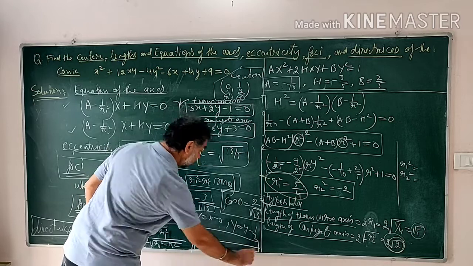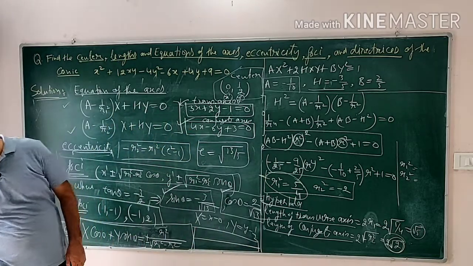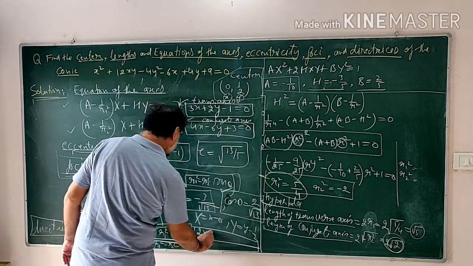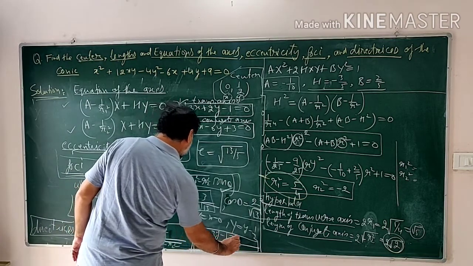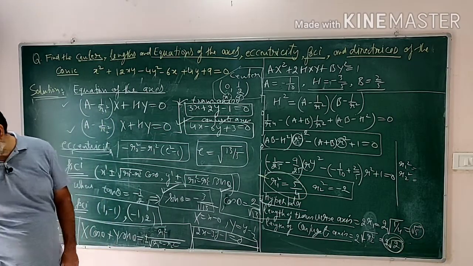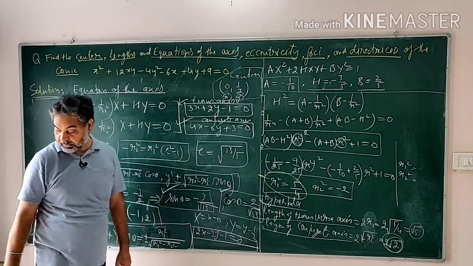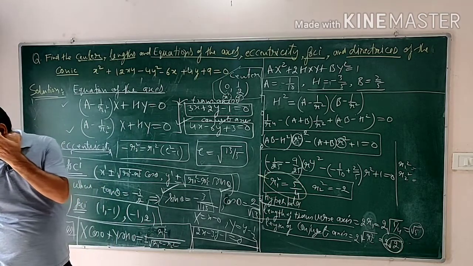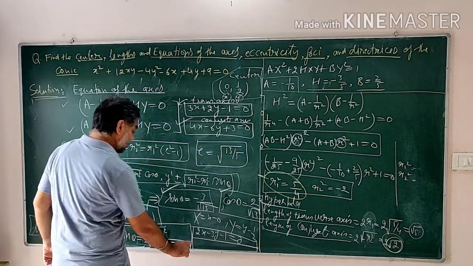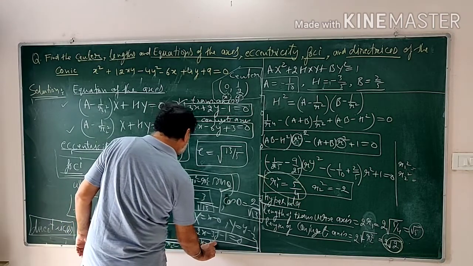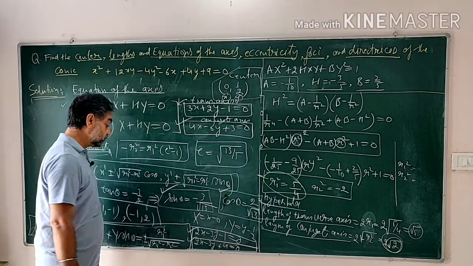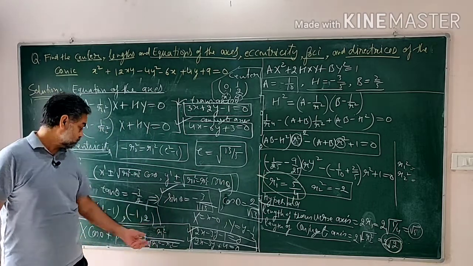The equations of the directrices would be 2x minus 3y minus 1 is equal to 0 and 2x minus 3y plus 4 is equal to 0. So these would be the two equations of the directrices.